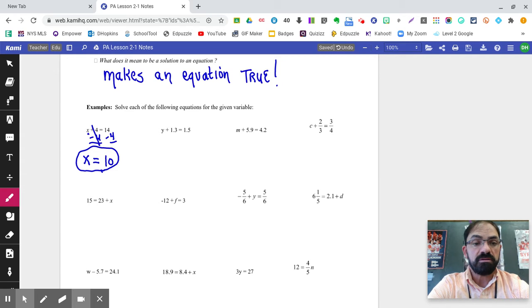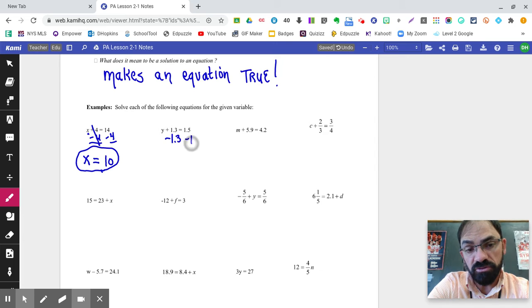Excellent. The next one, solve for y. So what's on the same side as y? Plus 1.3. So the opposite would be minus 1.3. So y equals 0.2.